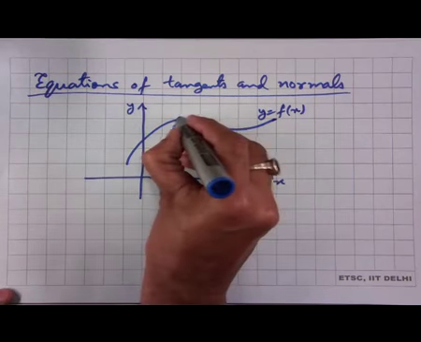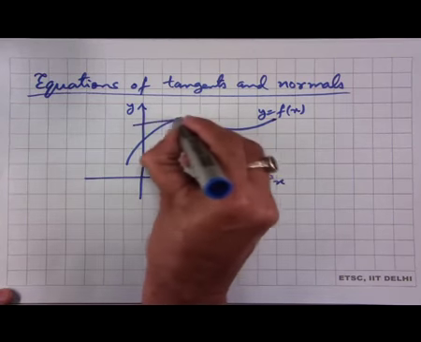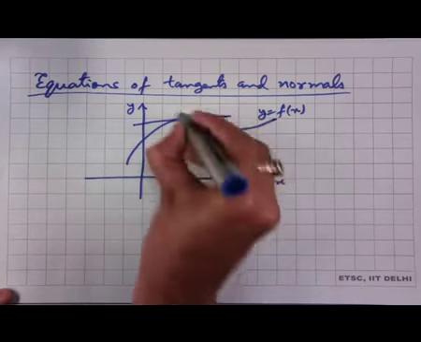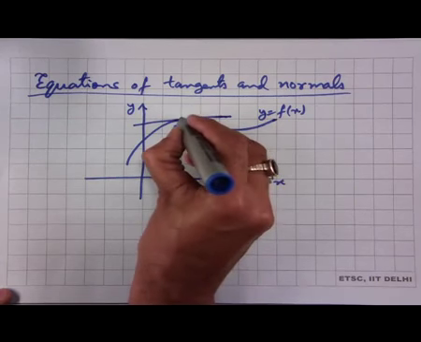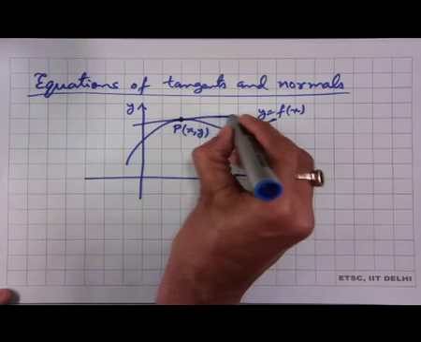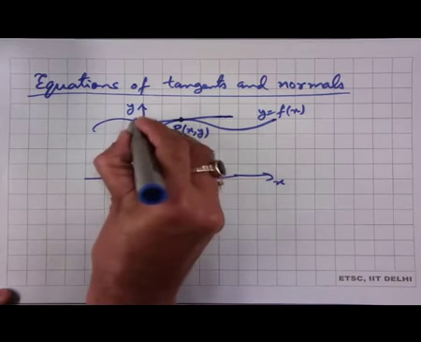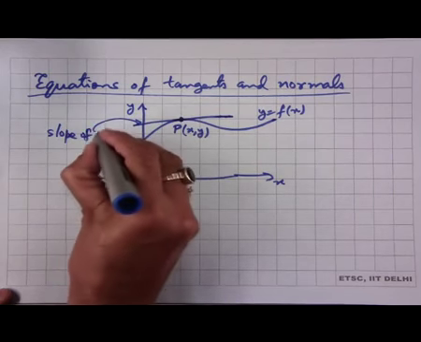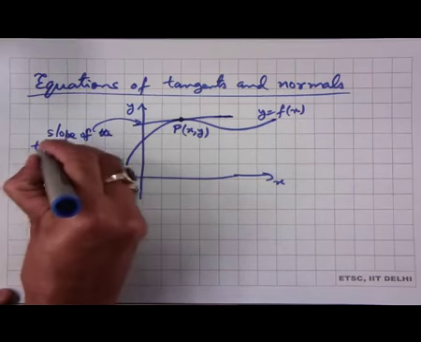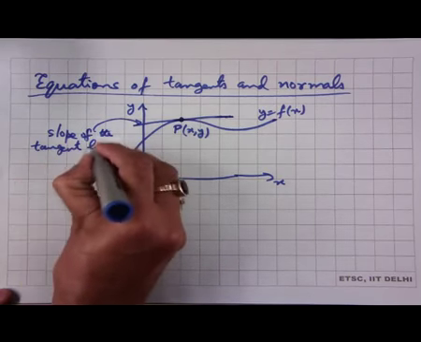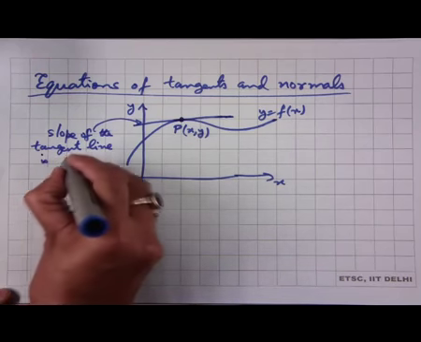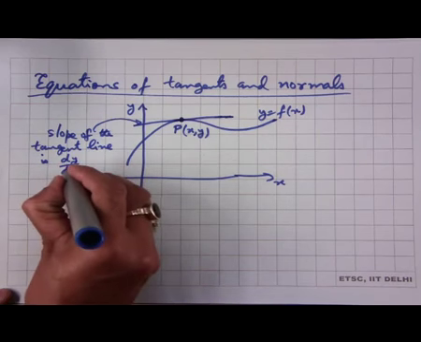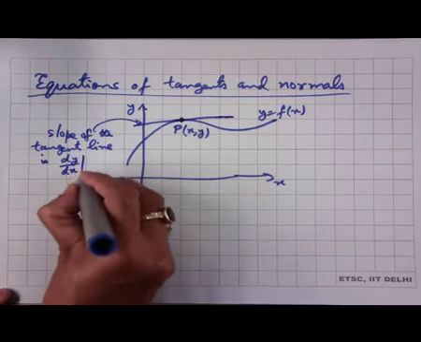Now, the tangent line to this curve is the straight line passing through this point x comma y, whose slope is the derivative dy dx at P.